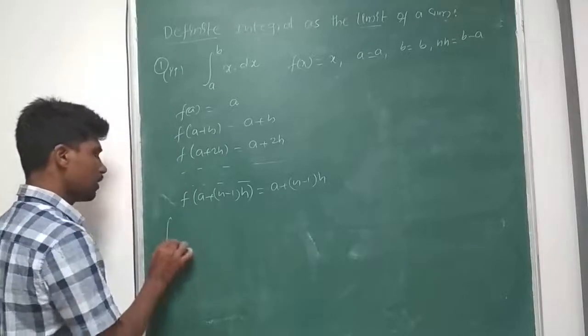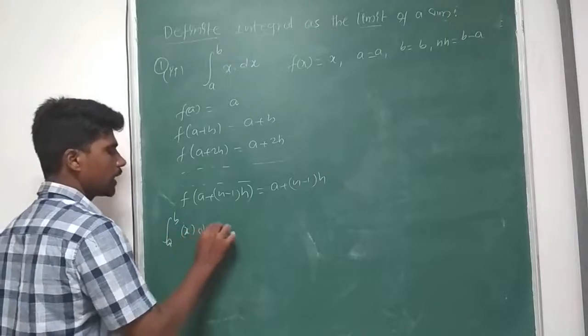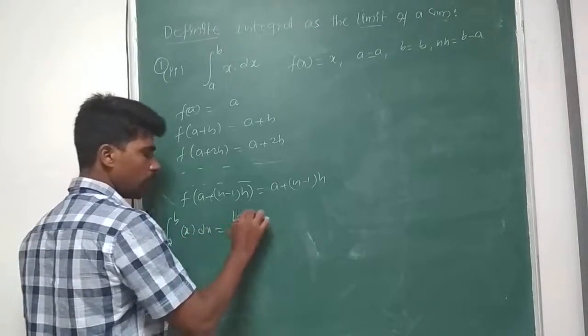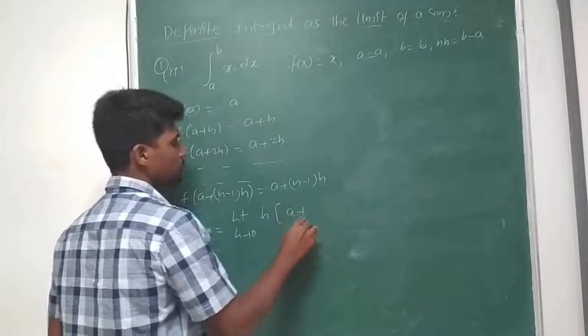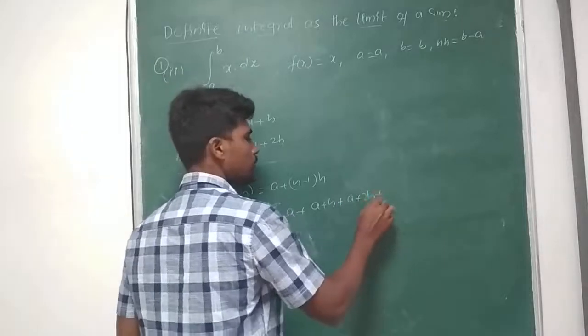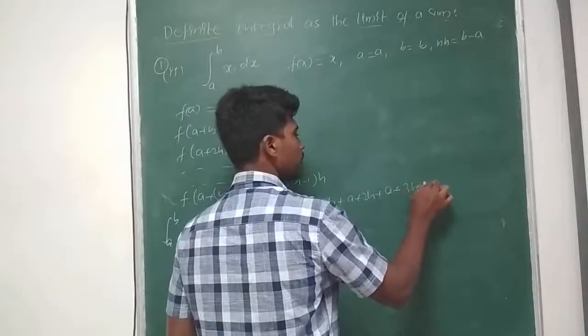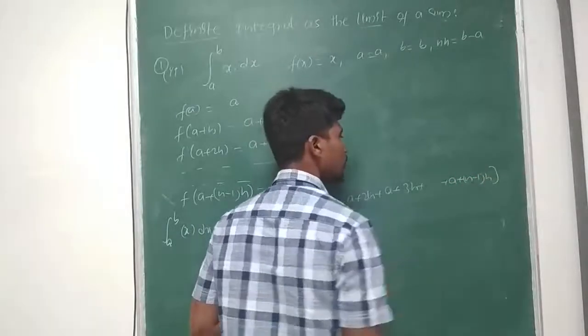Now integral a to b x dx is equal to the limit h tending to 0 of h into a plus h plus a plus 2h plus a plus 3h plus, and so on, a plus n minus 1 into h.